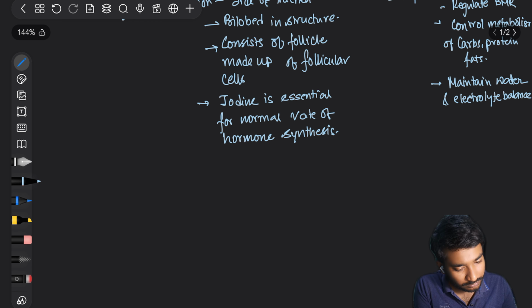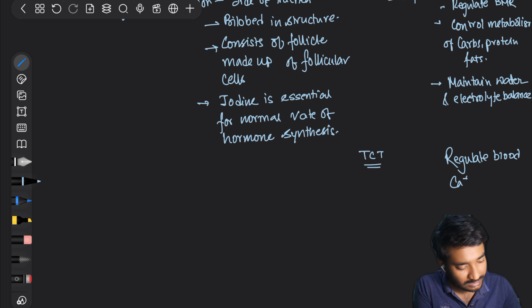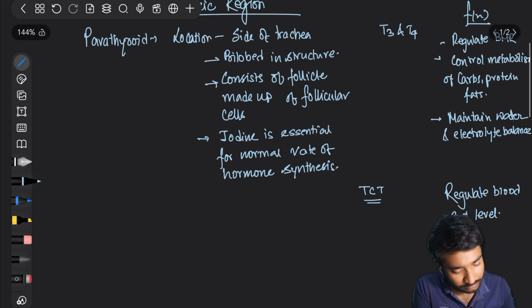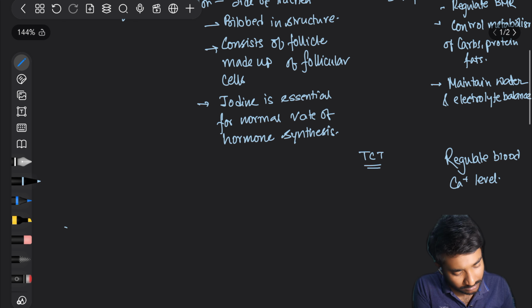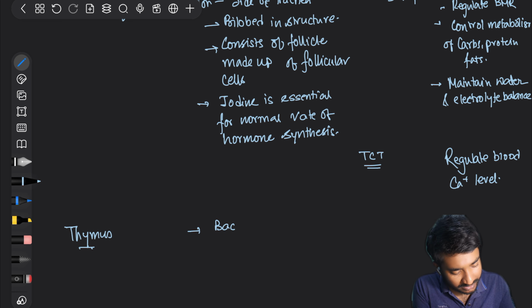Now come to the TCT. It regulates blood calcium level. Thymus, location: backside of the thyroid gland.